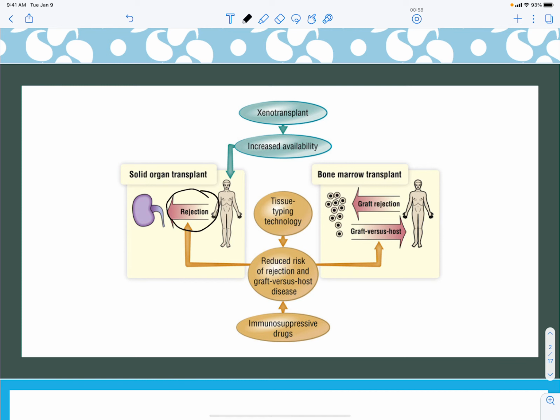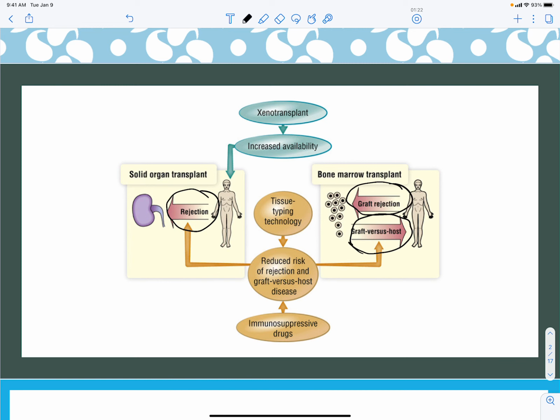Rejection, of course, is going to be the main, so you can get rejection of the graft. And then with respect to the bone marrow transplant, you can have graft versus host disease. And what that means is the cells that are donated, those stem cells, will start to cause disease and target the recipient cells.